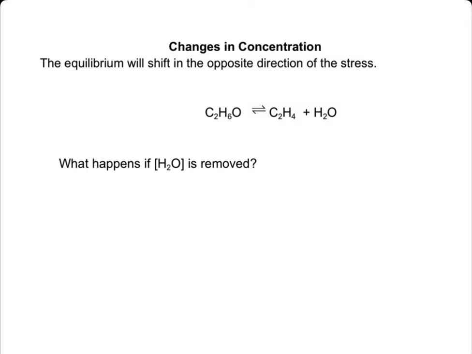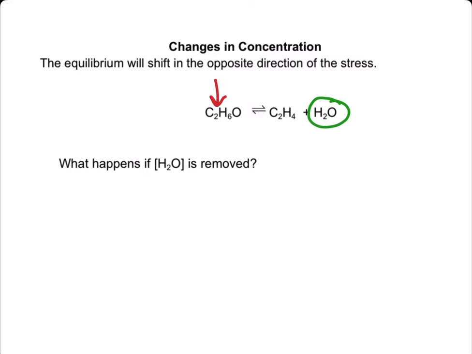Let's take a look at another example. I have a new chemical equilibrium, and I want to remember that the equilibrium will shift in the opposite direction of the stress. It's asking what happens if H2O is removed. And Le Chatelier's principle is explained in terms of adding stress. So if I remove H2O, that just means I'm adding stress on the left side.